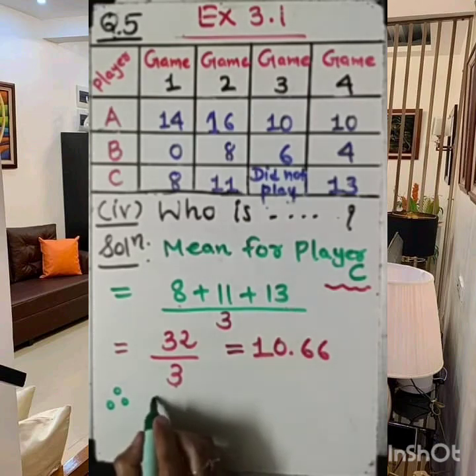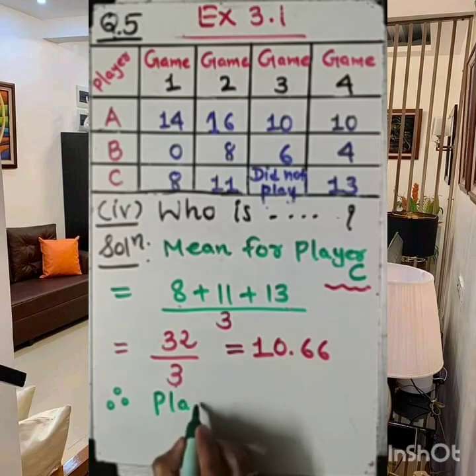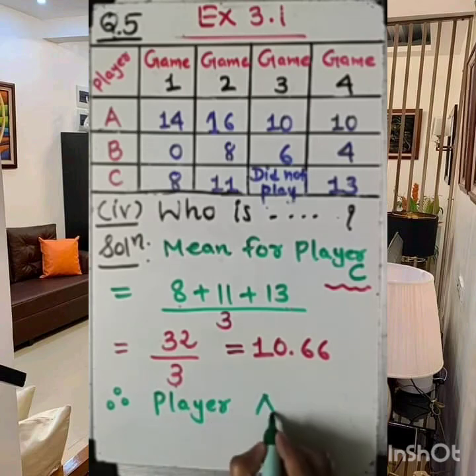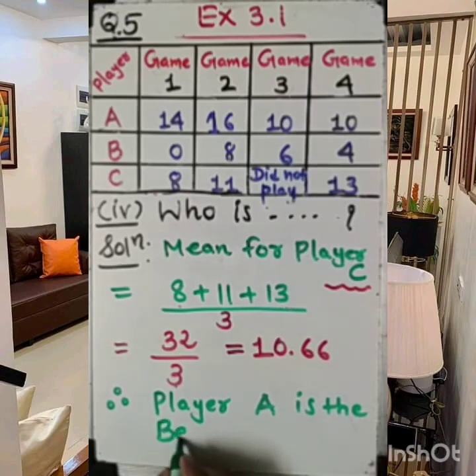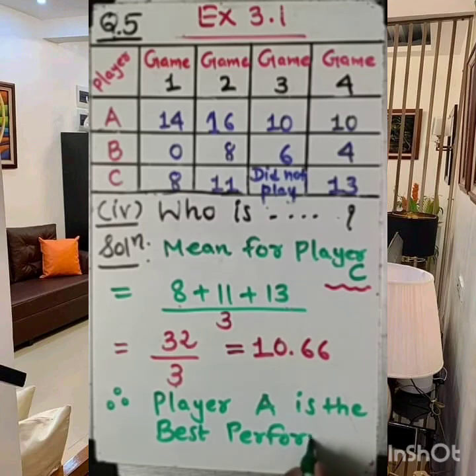So we can say player A is the best performer. Very easy and very interesting also. So question 5 of exercise 3.1 is complete.